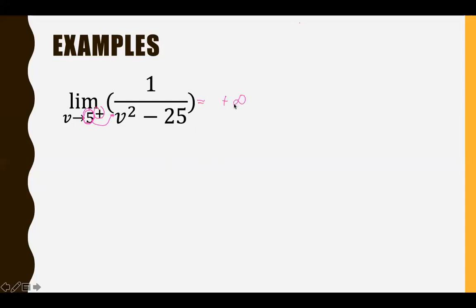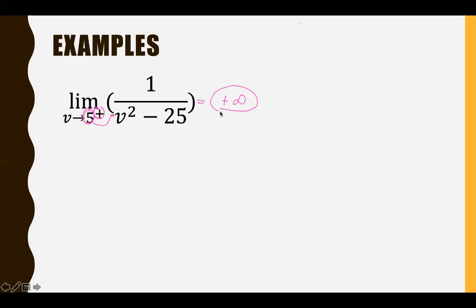As I've mentioned, it is strict when the number is coming from the left, because you'll be considering the exponent of the denominator. But since this is coming from the right, then without any further analysis, the answer will always be equal to positive infinity.